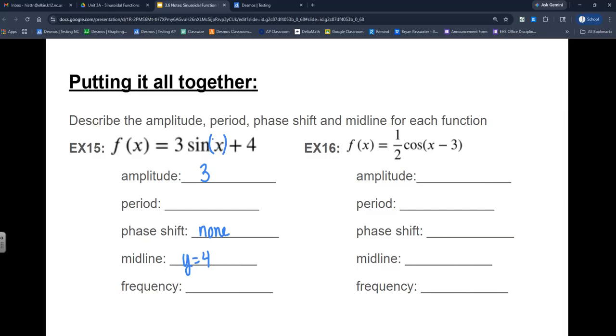Or if you want to think of it this way, there's a 1 there. So to find the period, you would do 2 pi divided by the b value, which is 1 right here, and you're just going to get 2 pi. Frequency is the reciprocal of period, so that's going to be 1 over 2 pi.